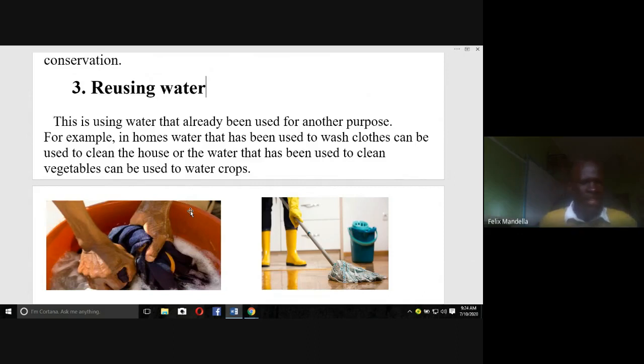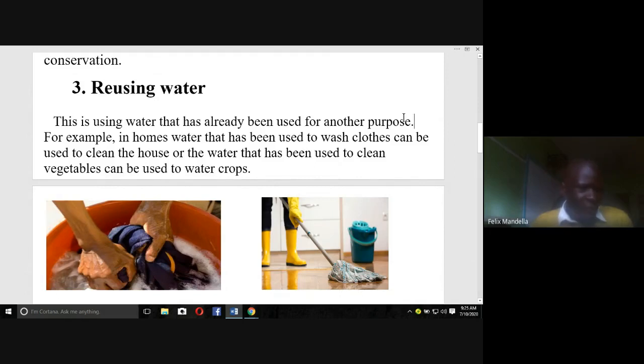What is the difference between recycling and reusing? Reusing water is using water that has already been used for another purpose. And listen to this. This is using water that has already been used for another purpose.